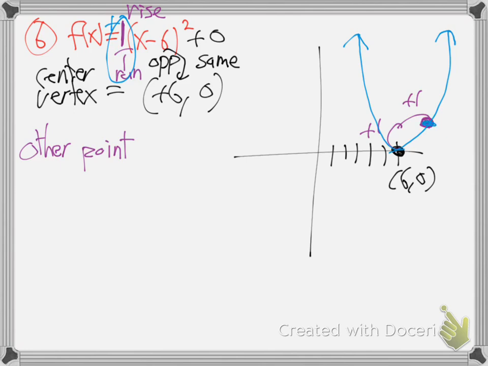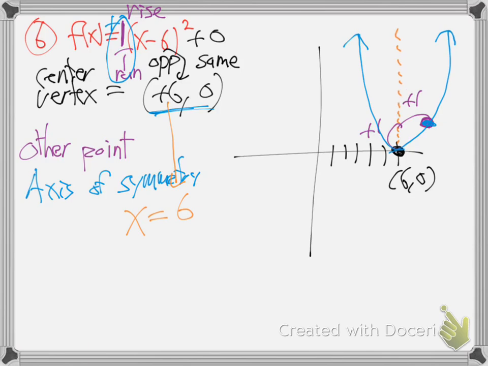They want the vertex. They want the axis of symmetry. And what's that? Well, that's always going to be x equals whatever the x value is, 6. And they want you to put that right on the graph, that dotted line right over at 6. That's the axis of symmetry. This is its equation.